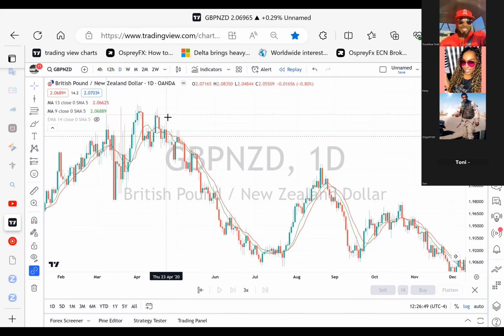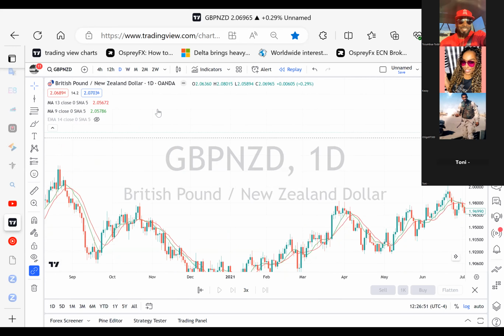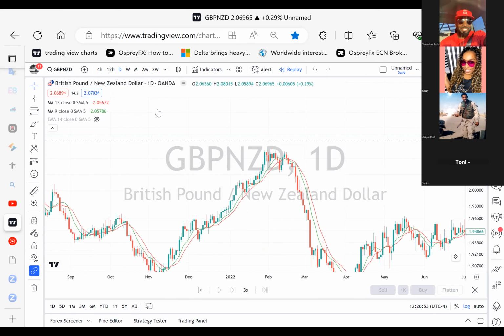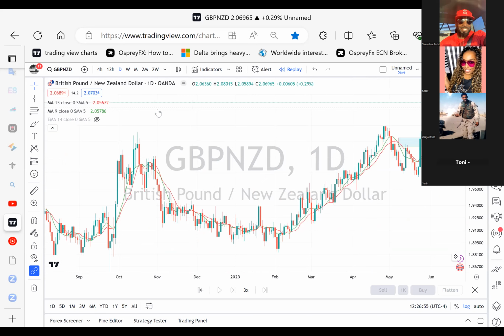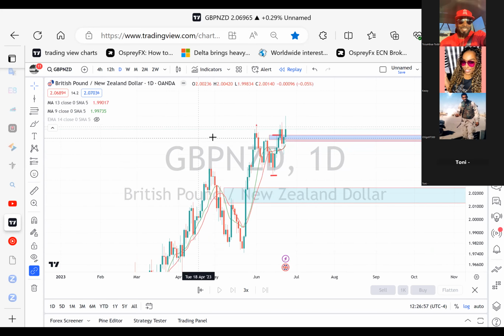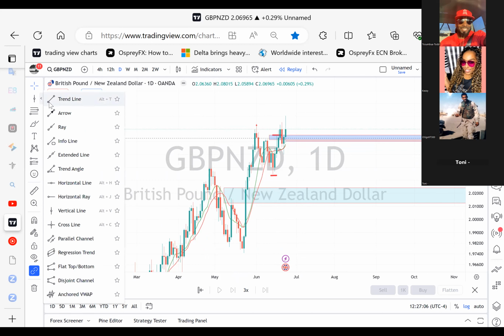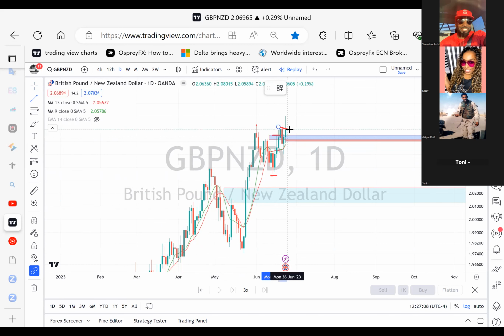Whatever high we reach this week, however high that may end up being, at least to this wick, maybe a little bit higher. Let me just draw a line for the people in the back. Let's say that this is the next candle and it ends up this high this week.